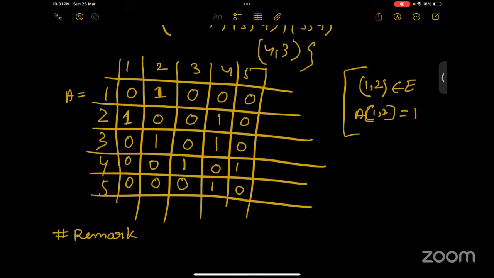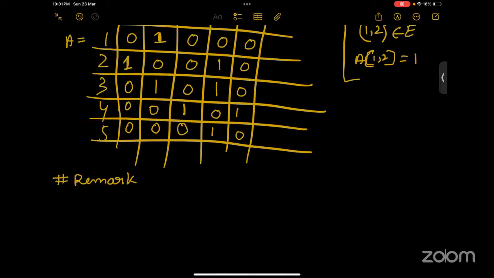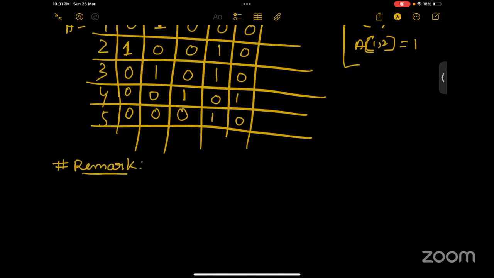So if undirected means if 1, 2 is 1, then 2, 1 will be a 1. It should be symmetric. That means it will reflect with respect to the diagonal. I guess that is what you wanted to say, right?